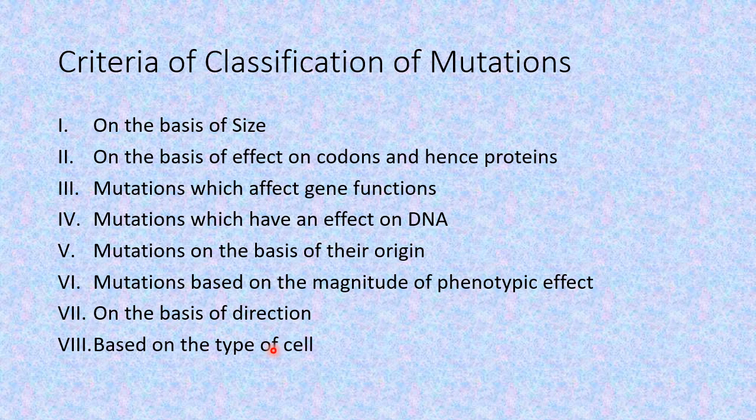We'll see all these types. These mutations may also be based on the type of cell in which they are taking place, because in any organism there are somatic cells and germ cells. So now let us deal with different types of mutations on the basis of this plethora of criteria.